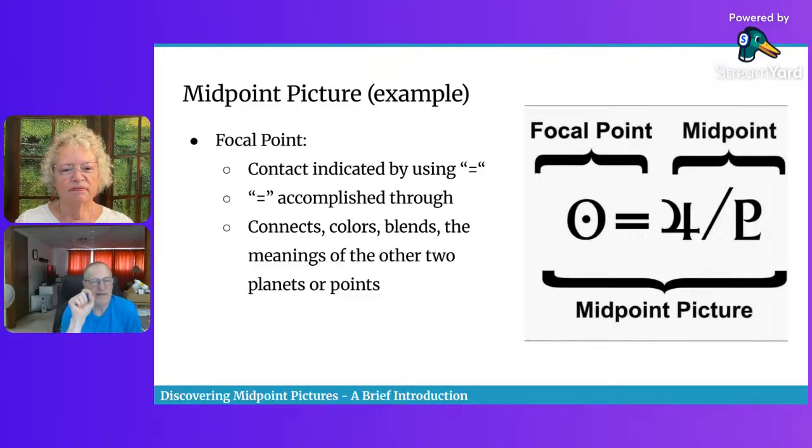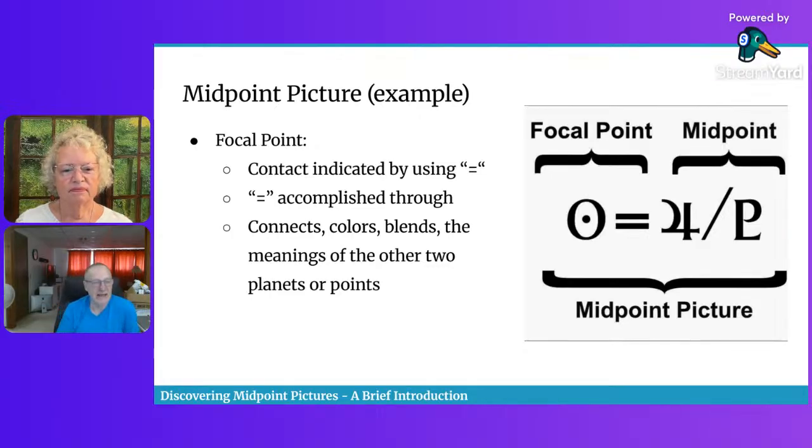And another way of thinking about it, rather than saying sun equals Jupiter / Pluto, you can say the sun is accomplished through Jupiter / Pluto. Okay? Because the sun is going to have to utilize these energies at this point where it's touching. So in this case, the sun is right exactly at the midpoint of Jupiter and Pluto. So it's taking these energies and it's going to do something with them.